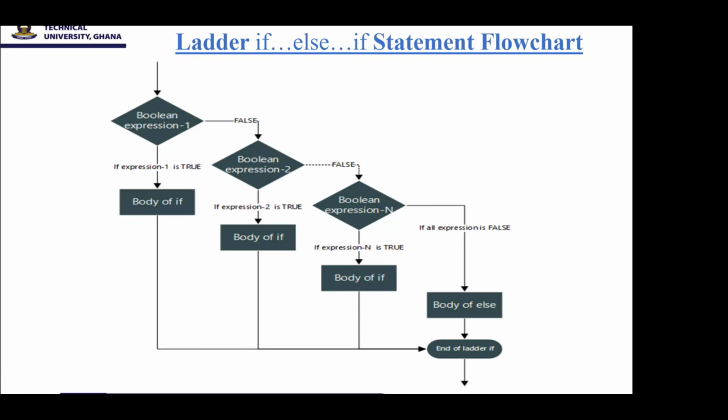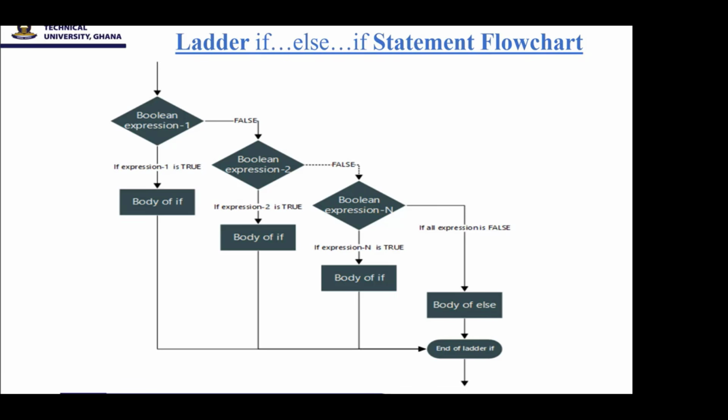If that is true, the body of that if is executed. If that is false, then we'll go to the nth Boolean expression. If that expression executes to be true, then the body of that if will be executed. If it is false, however, then the body of the else statement will be executed.